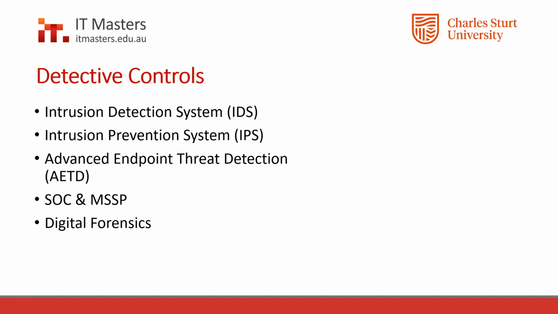Where advanced endpoint threat detection is useful is that it's deployed across your entire environment and can detect things at the endpoint level, things like lateral movement and unusual process spawns.